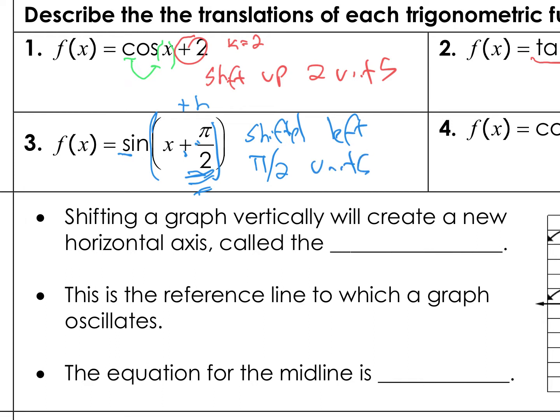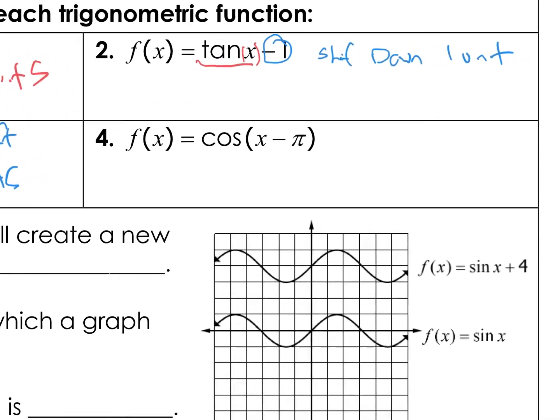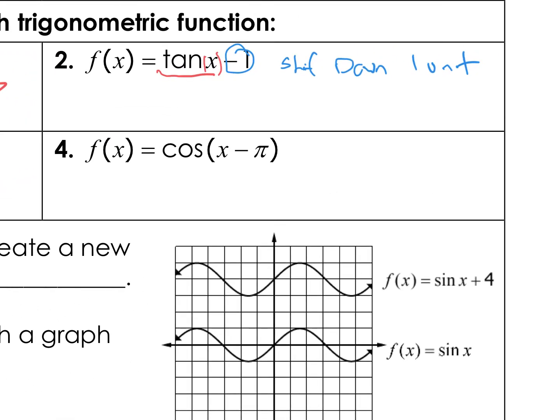The whole picture shifts left. Number 4. Same thing. The argument is x minus pi. So the minus pi is the minus of the h component. So horizontally, shift to the right pi units.